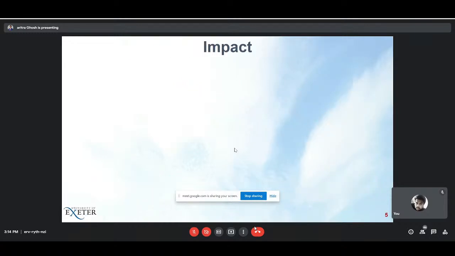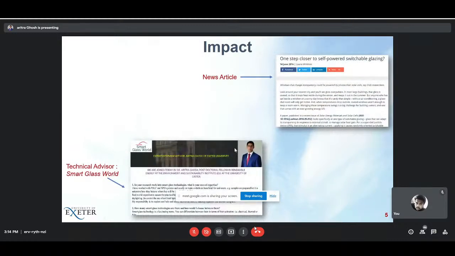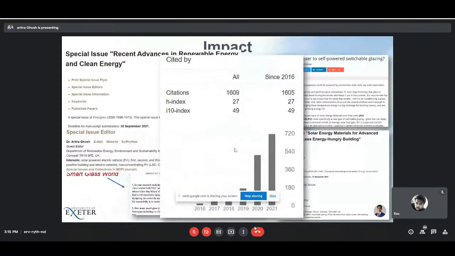So far, my research has been highly praised throughout journal articles and also the newspaper, and also some glass company took me as an advisor. Currently I serve as a guest editor, and this is my citation count and H-index, which tells how my research is encouraged or how people use my research.